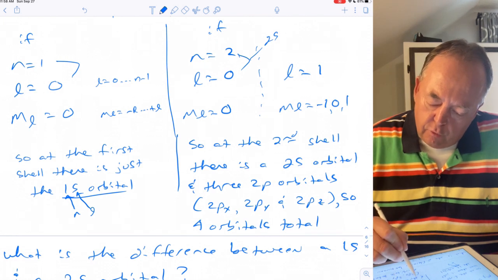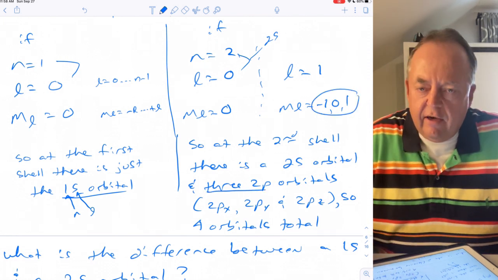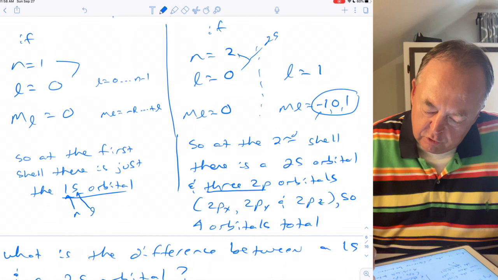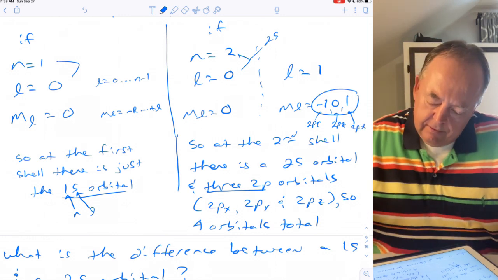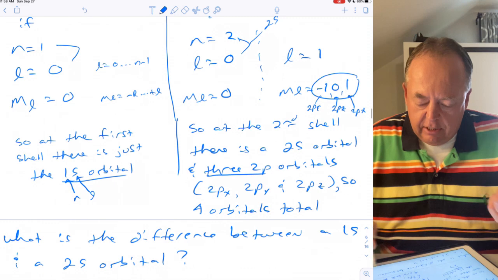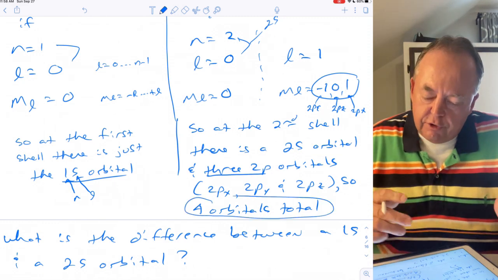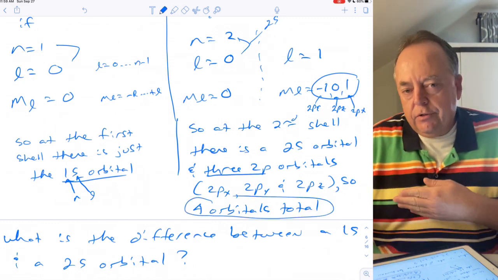And there are 3 p orbitals because of the 3 values of m sub L, right? So one of these would be 2py, one of these would be 2pz, and one of these would be 2px. So at the second shell there are 4 orbitals total: 2s, 2px, 2py, 2pz.